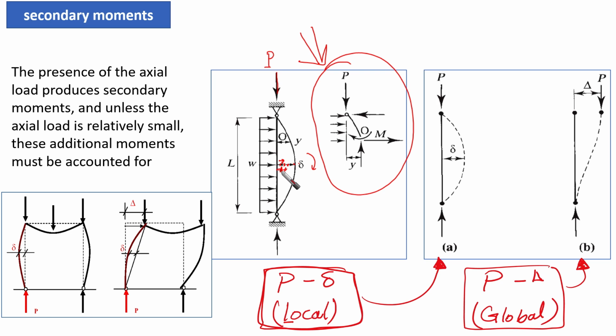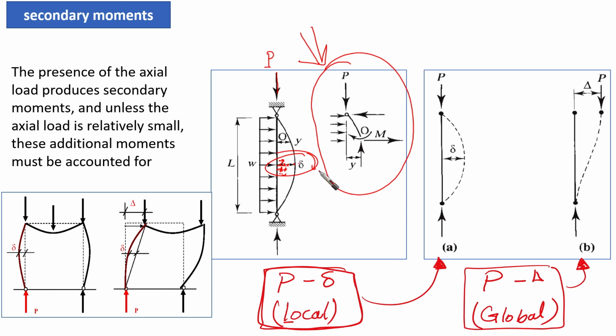This amplified moment is going to increase the lateral displacement and so on and so forth. So we always need to know delta, what delta is going to be under different loading conditions, and then we use our differential equation to get the maximum, which is at the middle.